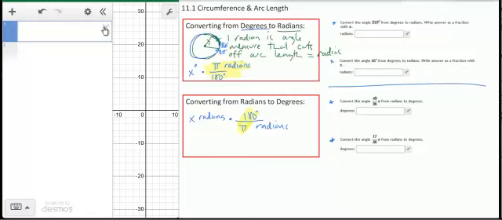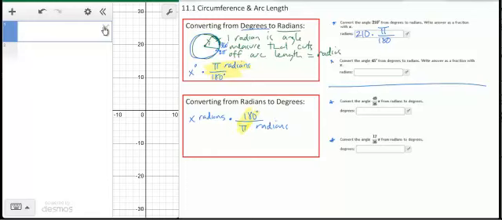So I'll show you how to simplify it in case the problem requires that. But here, if you just start with the measure that's given, and then you use the correct conversion. So we're starting in degrees, so we need the degrees to cancel. So the 180 degrees is going to be in the denominator, pi radians is going to be in the numerator. So this right here would be your calculation.